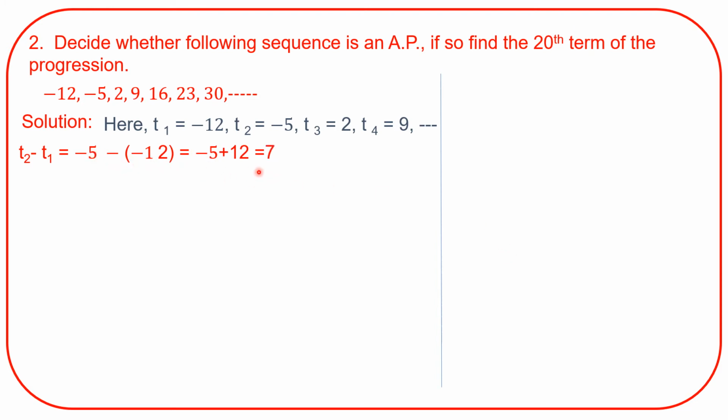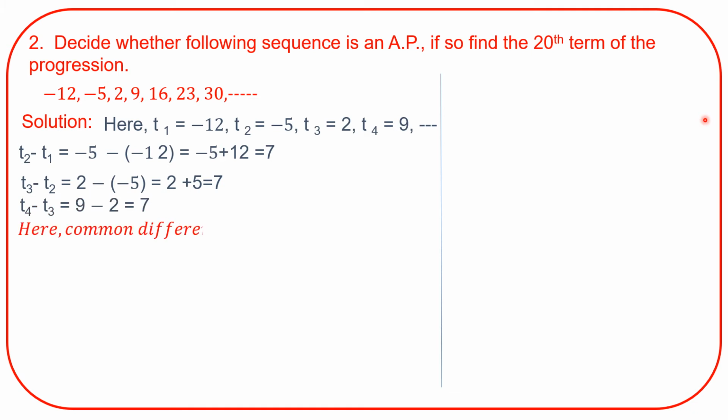Minus minus becomes plus. T3 minus T2 is equal to 2 minus -5, 2 plus 5 is equal to 7. T4 minus T3, 9 minus 2 is equal to 7. Here, the difference between two consecutive terms is constant. Therefore, the common difference D is equal to 7, which is constant. Therefore, the given sequence is an AP.